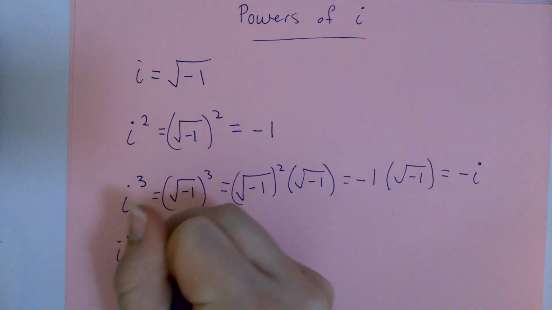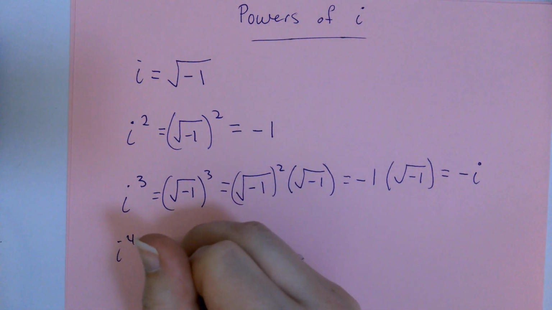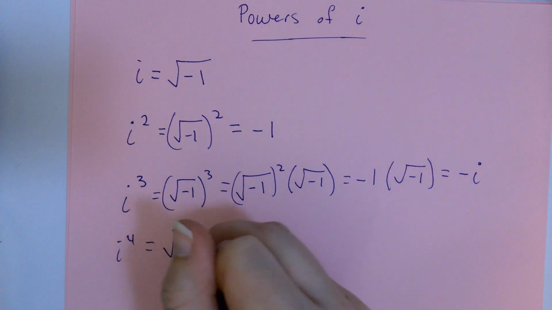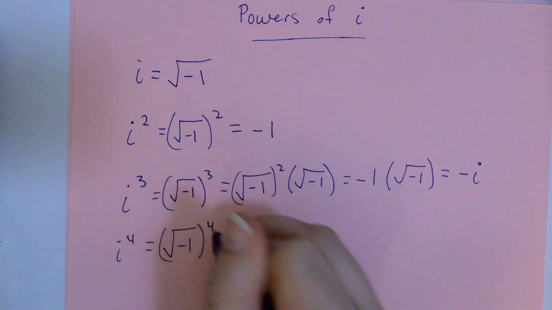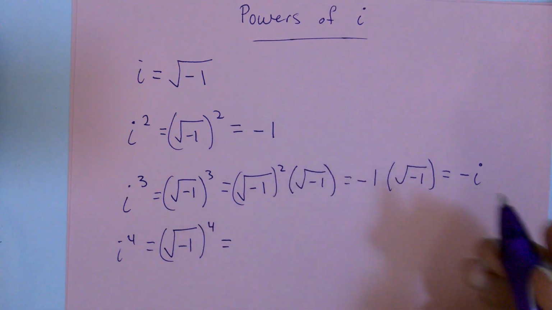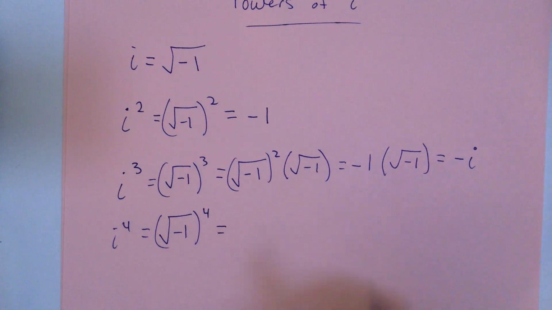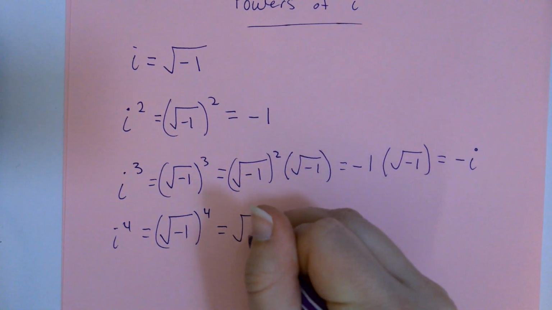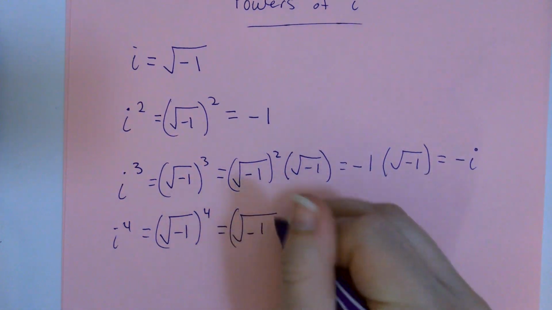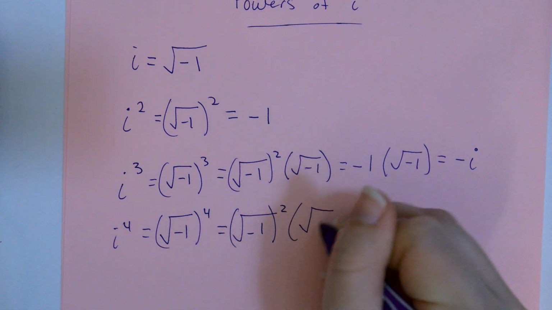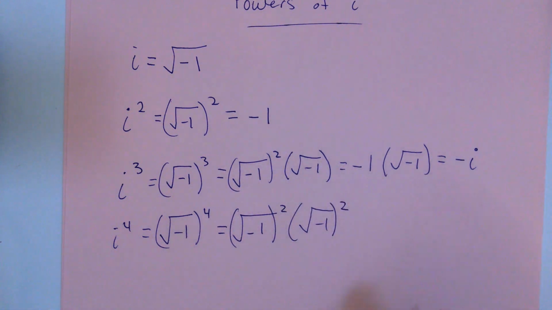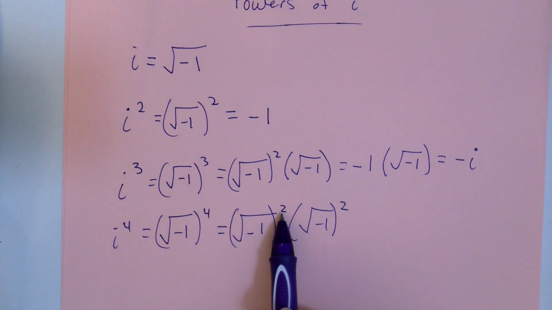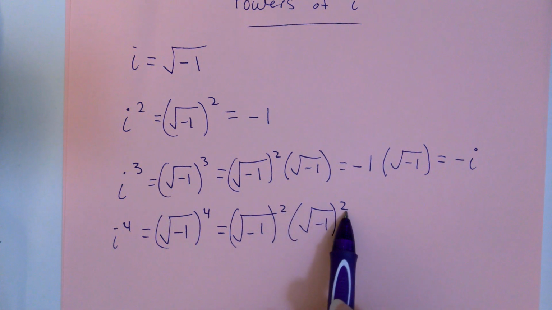i to the fourth power, we can write this as the square root of -1 to the fourth, which if we use our rules about exponents, we can also write as the square root of -1 squared times the square root of -1 squared. Because if you multiply something with the same base with exponents, then you just add the exponents.